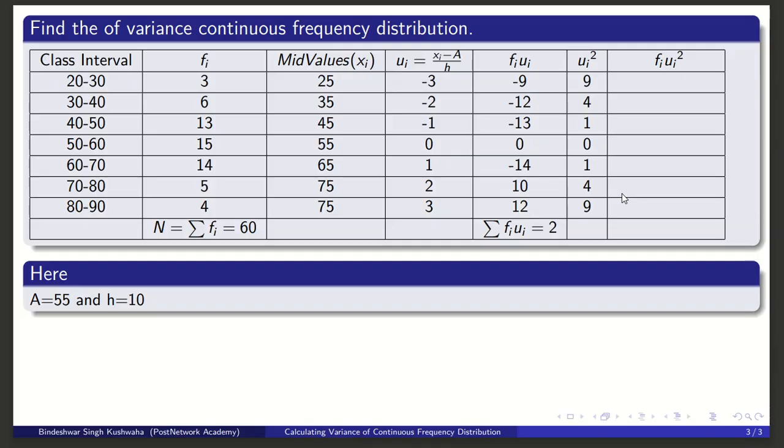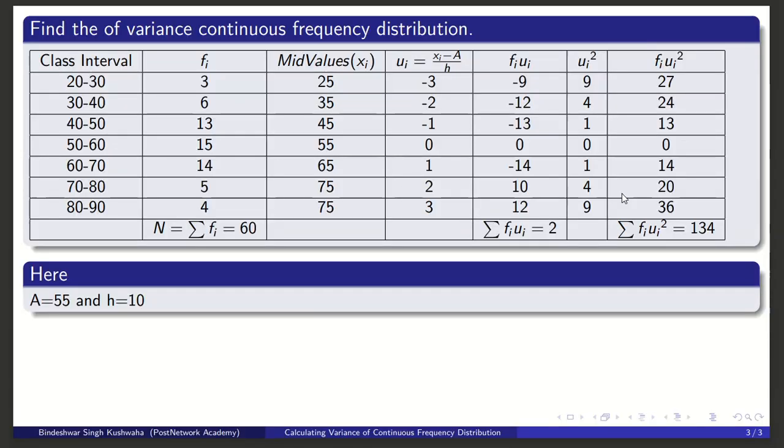Now fi ui square, so 3 into 9, 27 for a first row. 6 into 4, that is 24. 13 into 1, so that is 13, and you can calculate all the values. Now if you add all of them, so you will get 134.